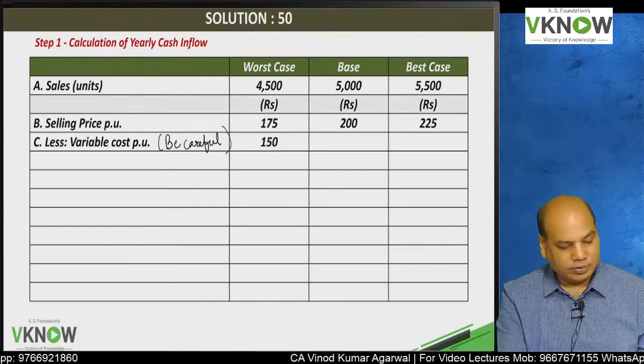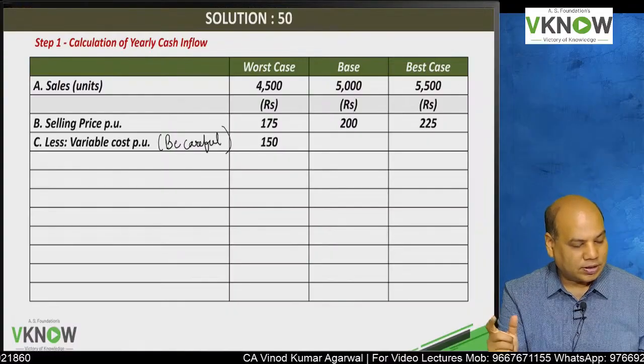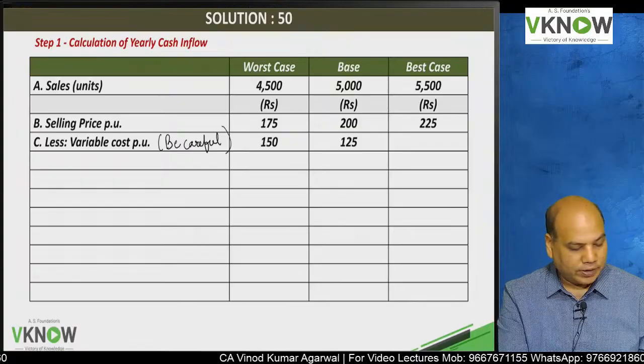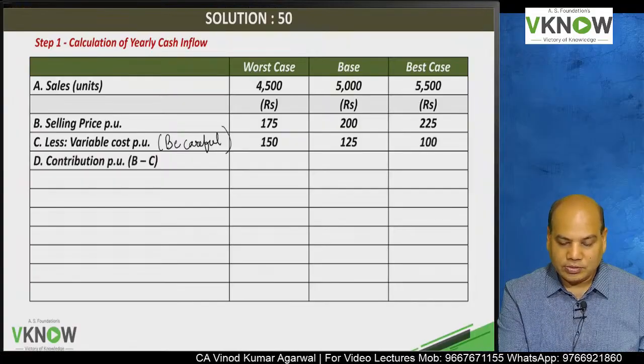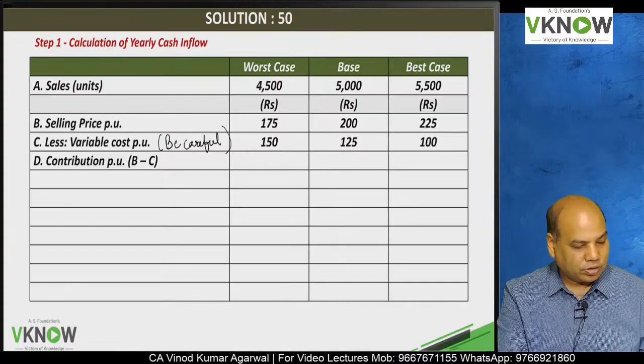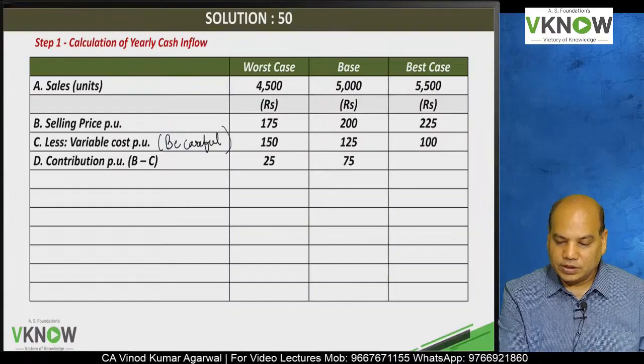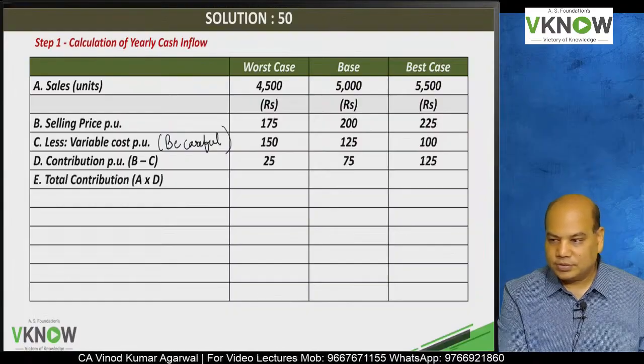You write 150. If it's a worst case, variable cost will be highest, 150, then 125, 100. And contribution per unit, B minus C: 25, 75, 125.